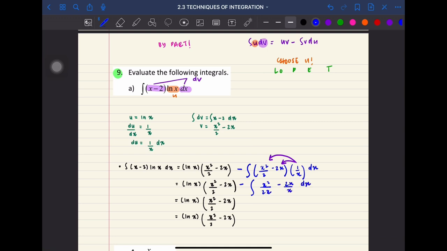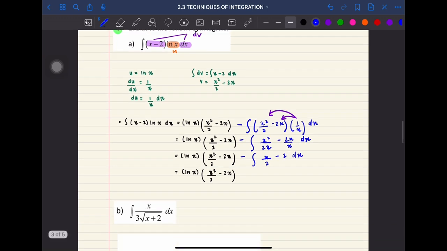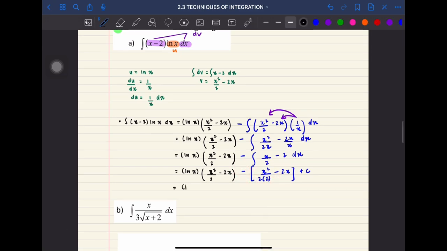We can simplify the function: it becomes x over 2, and this one becomes 2 only. Now we integrate the function: x squared over 2 multiplied by 2, minus 2x, plus c. For the last step, we just need to expand the negative sign at the front. So the final answer would be like this.